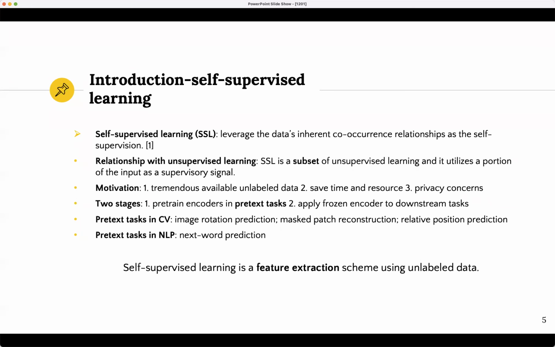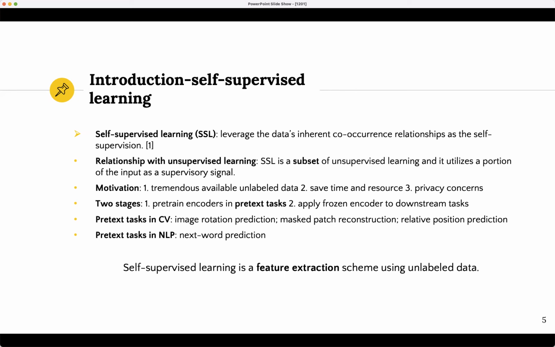A hot and promising solution is called self-supervised learning, which was first termed by Yann LeCun in 2018. The idea is to leverage the data's inherent co-occurrence relationships as the self-supervision.